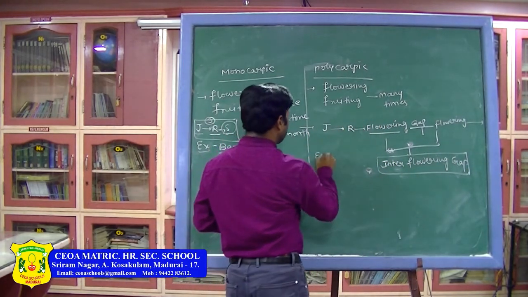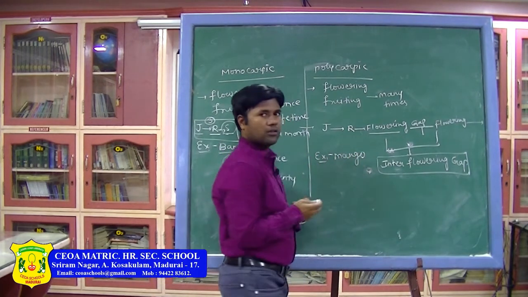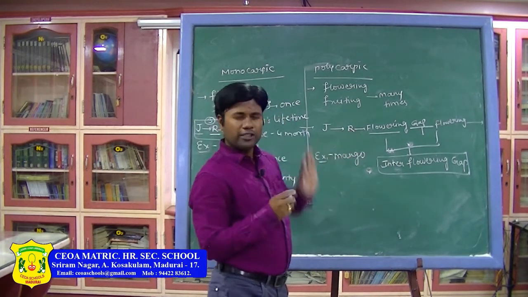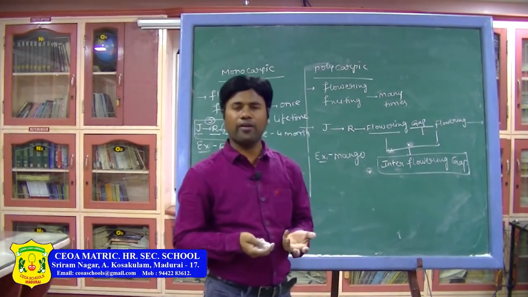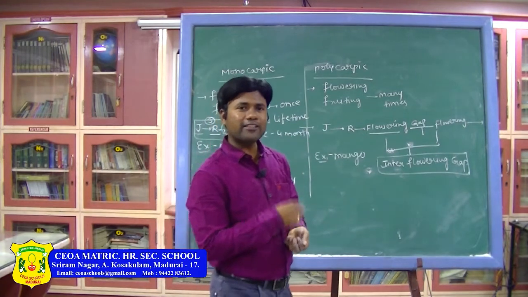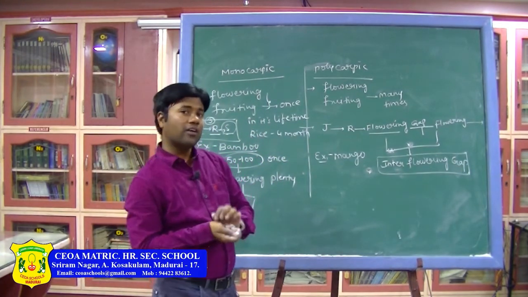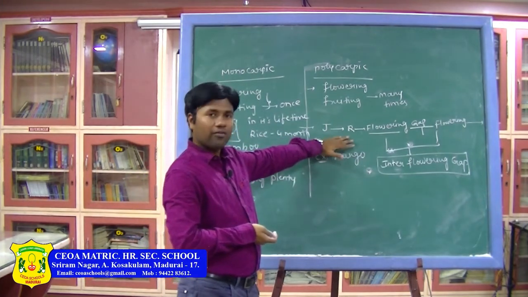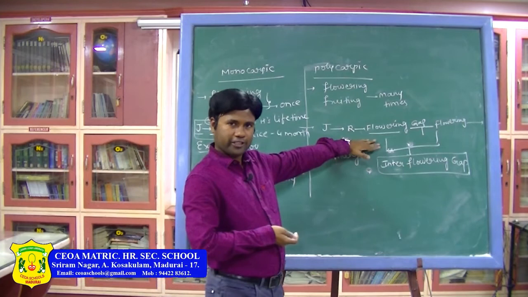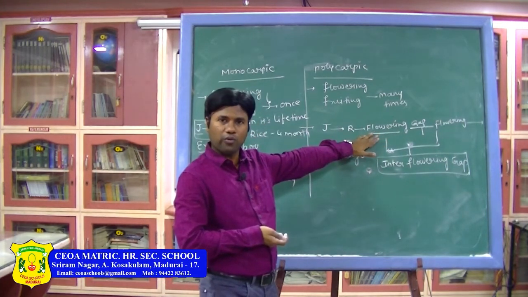Example? Mango. We know very well, during the summer we will get the mango fruits. Again, when do you get the same fruits? Next year summer only. So every year there is a cycle, based on that, flowering and reproduction, then it produces the fruits.